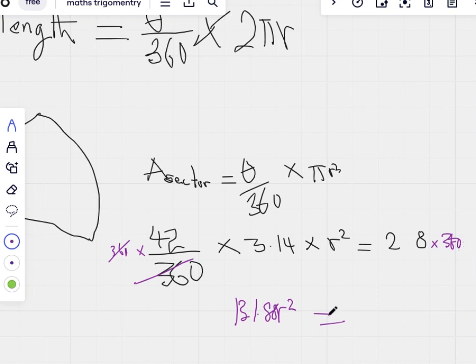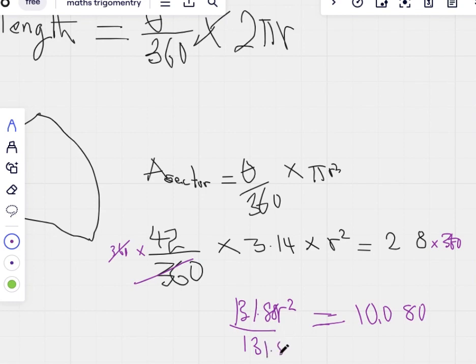28 multiplied by 360, what do we get? We get 10,080, right? Okay, so we divide both sides by 131.88.